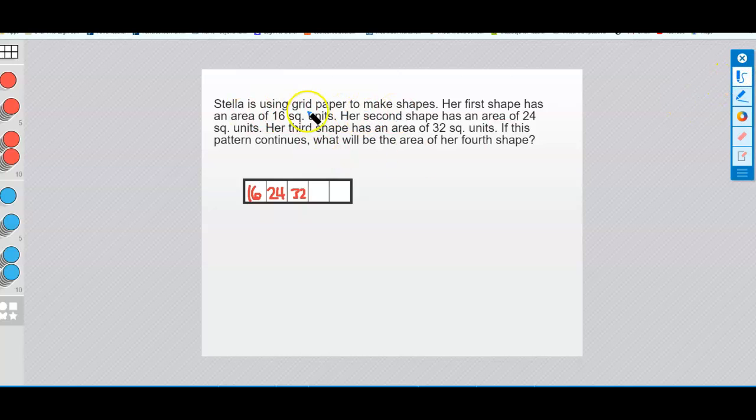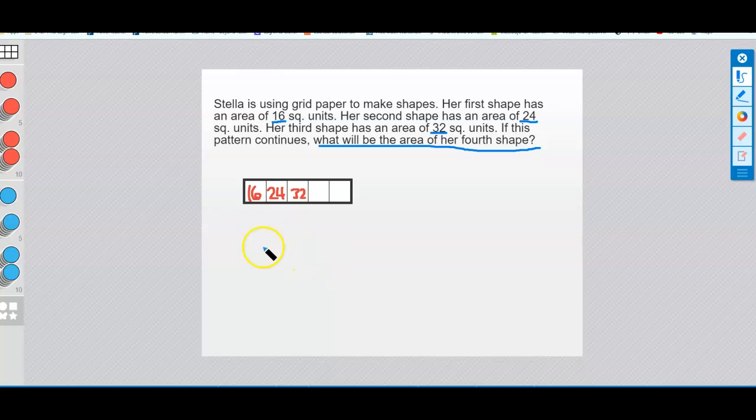We know that she's using grid paper to make shapes. Her first shape has an area of 16 square units. Now, it doesn't really matter what the shapes look like right now, because what they're asking us is what will be the area of her fourth shape. So it's probably easier for you to write out the numbers in order so that your brain can see a couple things.